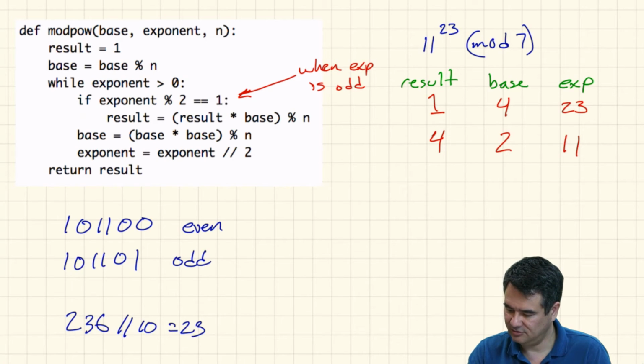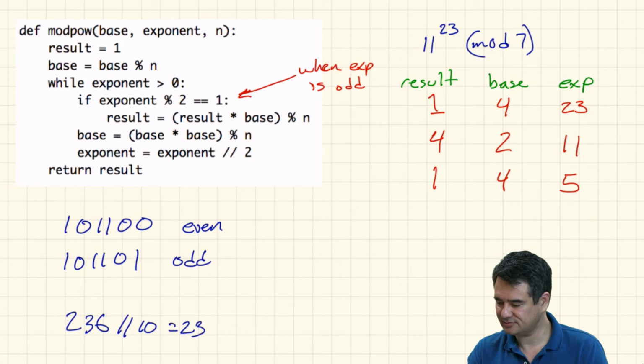Then we come back up here, and the exponent is still greater than 0 and odd, so result equals result times base. 4 times 2 is 8, modulo 7 we get 1, so it's back to 1 again. Then base gets squared: 2 times 2 is 4, modulo 7 is 4. The exponent gets divided by 2 again, and we end up with 5.